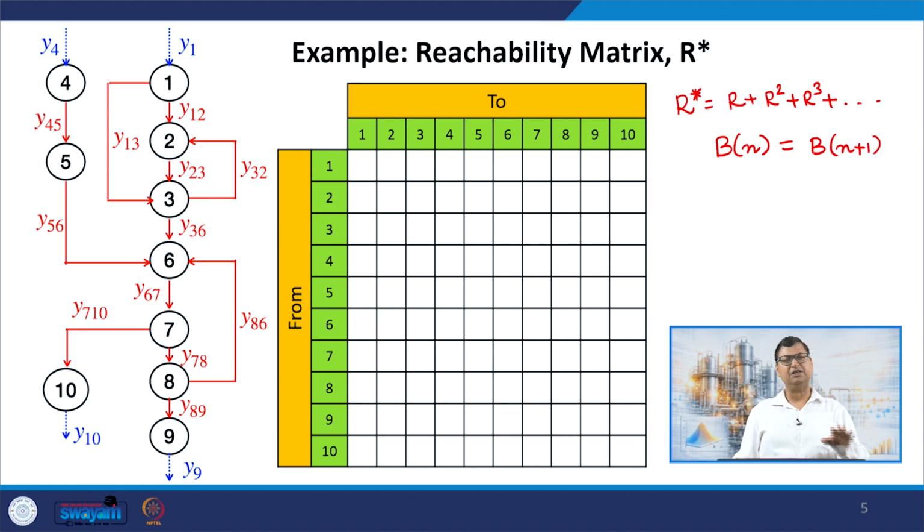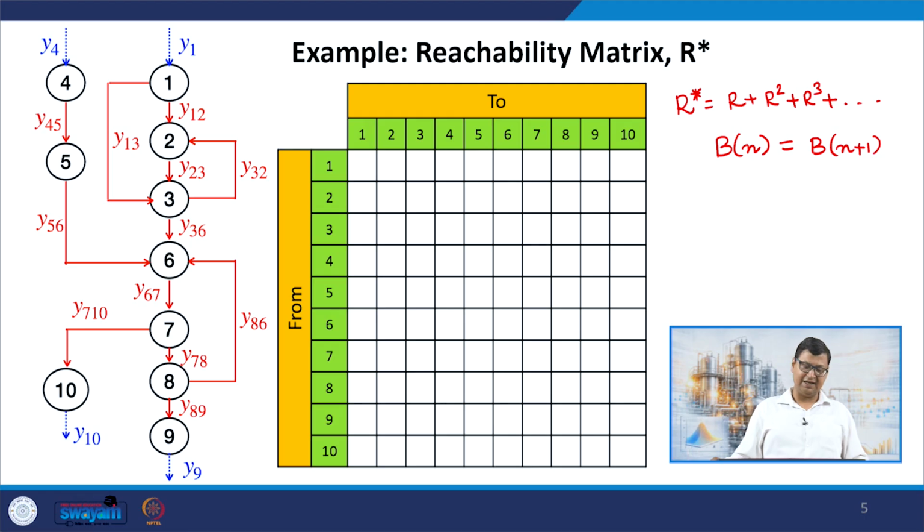But for this particular case, I will do the reachability matrix purely by inspection, by seeing where I can go from one vertex to another vertex in as many steps as needed. It does not matter how many steps we take.